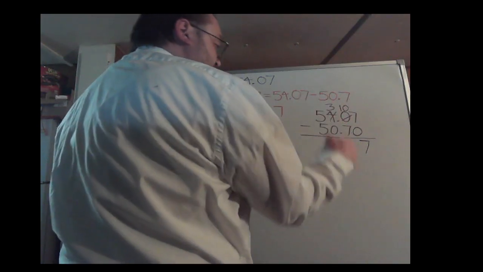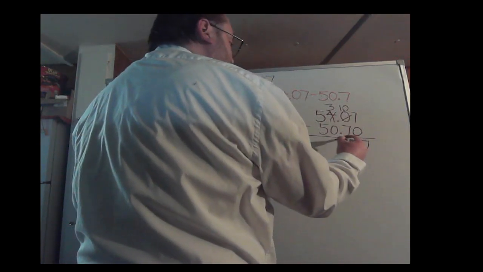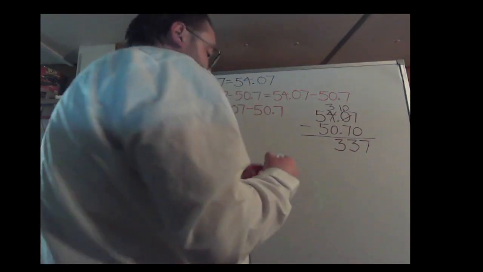7 minus 0, that's 7. 0 minus 7 doesn't work. We got to make that 0 into a 10, which means we got to borrow 1 from the 4, turn that into a 3. Now 10 minus 7, that's 3. 3 minus 0, that's 3. 5 minus 5 is 0, which we really don't need to write.